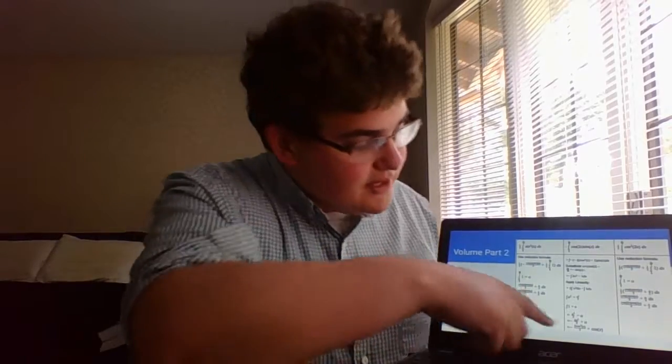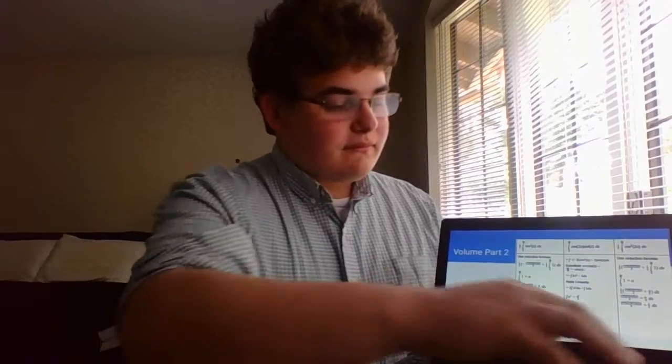So using these three pieces we found using the antiderivative calculator online, we can put it all together and find the entire volume formula, which we then use later on.